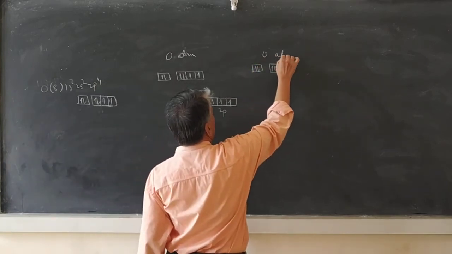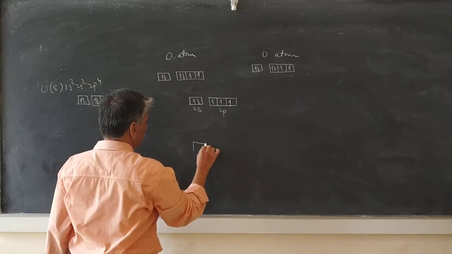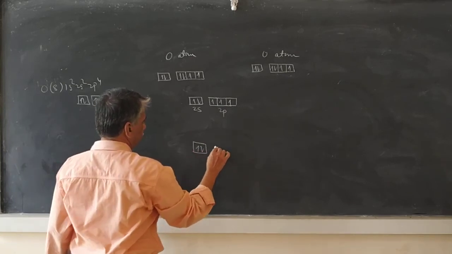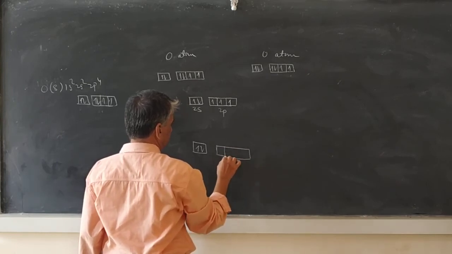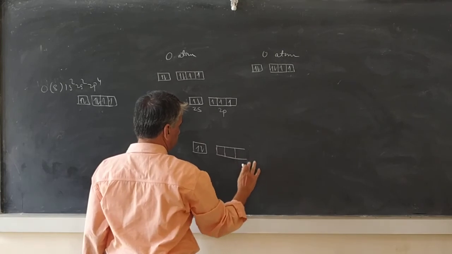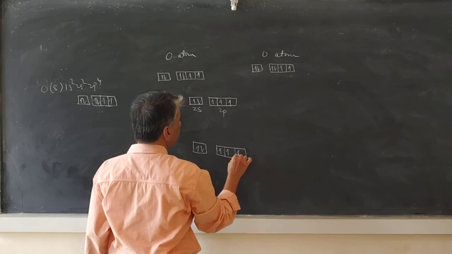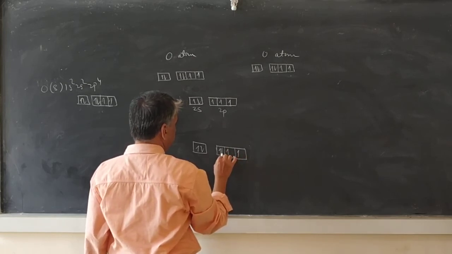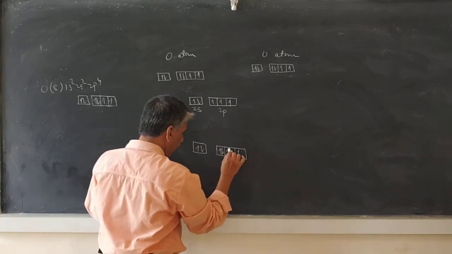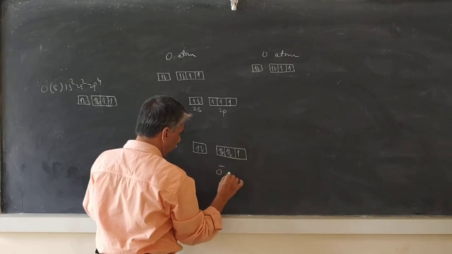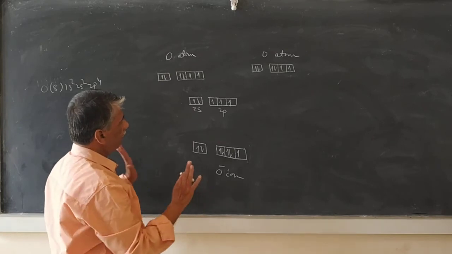This is for another oxygen atom. Now, and one extra electron is here. This is for the O minus ion. So this is what I have written.